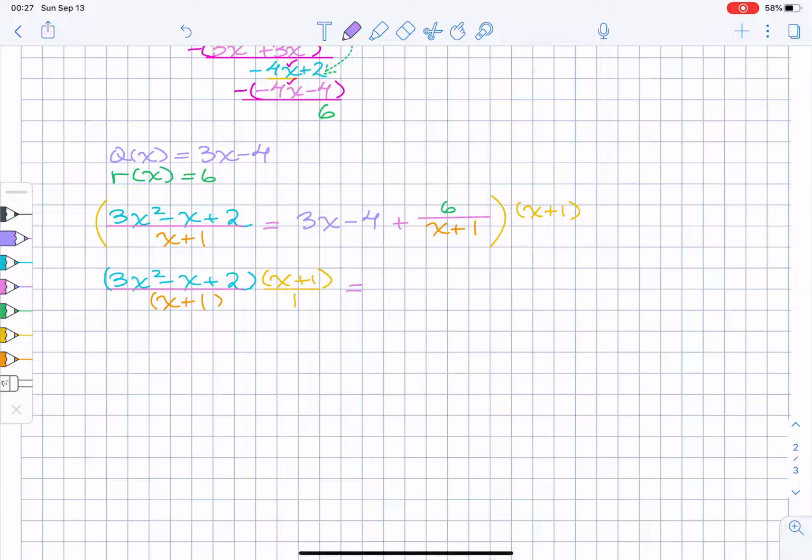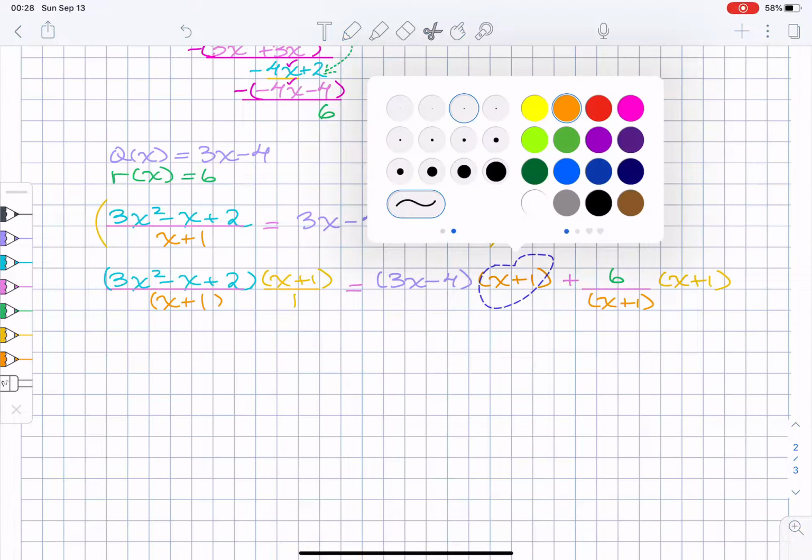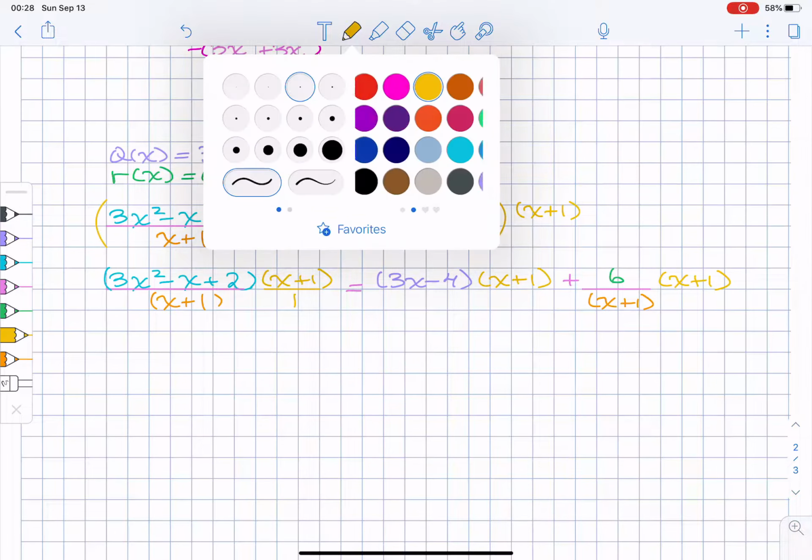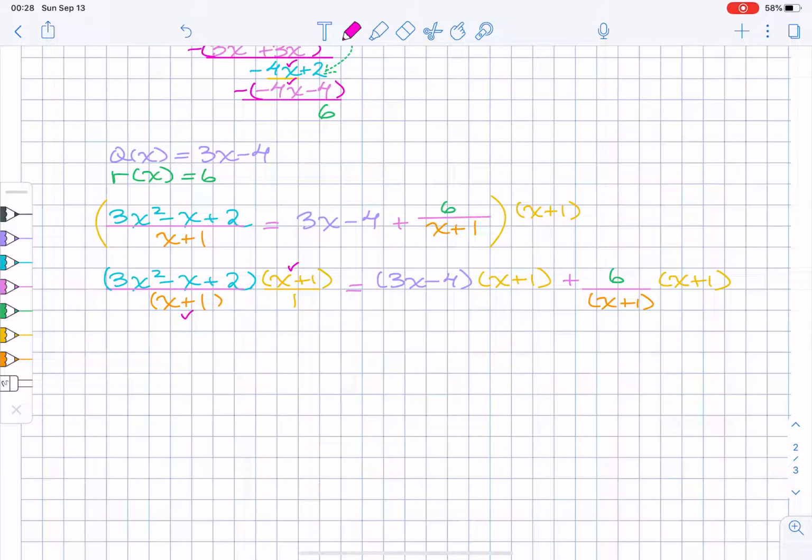This will now be the quantity 3x minus 4 times x plus 1, plus 6 divided by the quantity x plus 1, which I'm multiplying by x plus 1. So let me keep the colors the same. Okay, so I've distributed x plus 1 to each term. Notice that I can reduce the x plus 1 here and here.